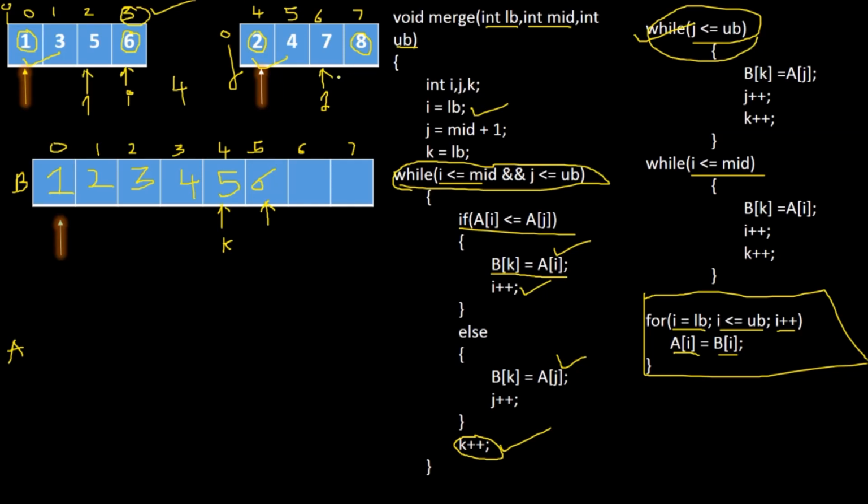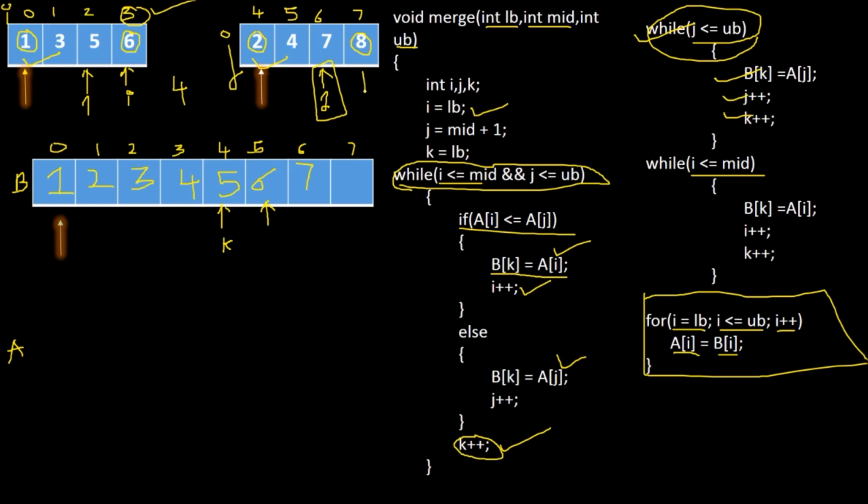Now in our case, j is less than or equal to ub because j's latest value is 6 and hence it is less than 7. So we have to copy all the elements of the j part into this b variable. So b of k is equal to a of j, and we increment j plus plus and also k plus plus, and this 7 will be copied here. Again we check j is less than or equal to ub.